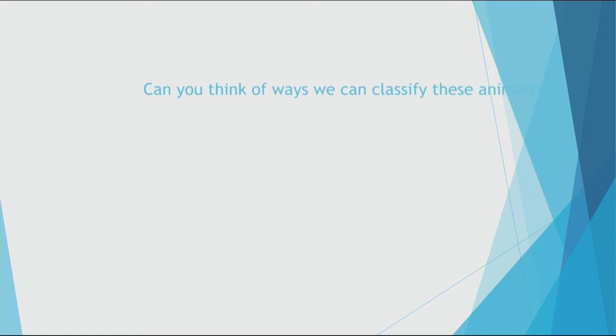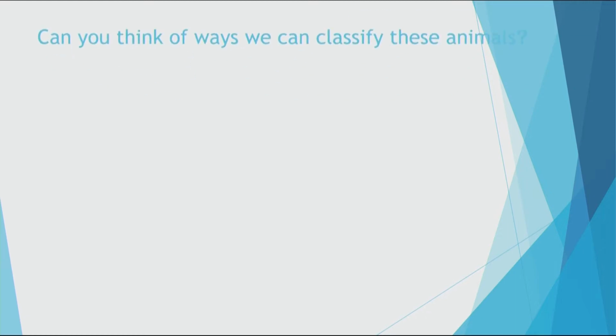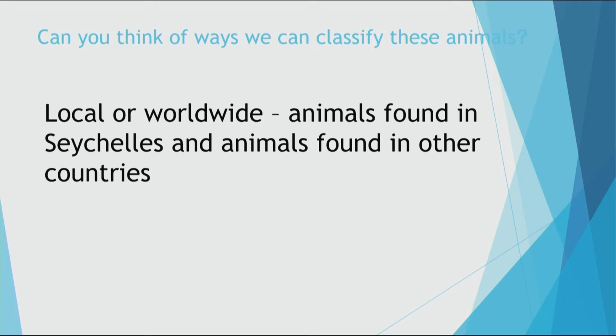Now, what are the different ways that we can classify animals? Lots of ways. I'm sure you can think of many. For example, we can classify animals according to local or worldwide animals. Local animals are animals that we can see in Seychelles. Can you think of a few of these animals?